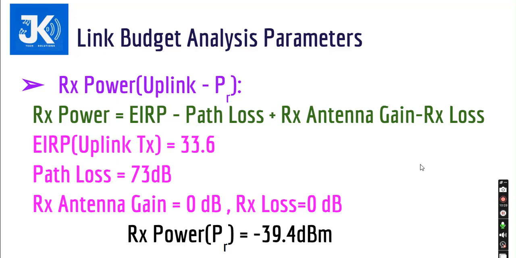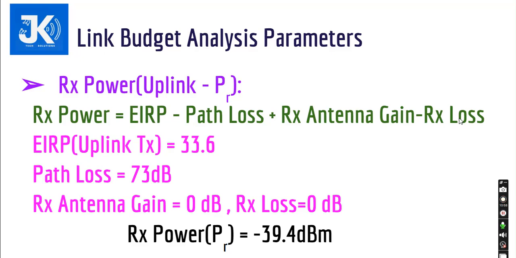Now we are calculating the receiving antenna power for both uplink and downlink. First we are going to calculate the receiving antenna power for uplink, which is denoted by PR. The RX power is equal to the effective isotropic radiated power, which is EIRP, minus path loss, as we already discussed about the path loss, plus RX antenna gain minus RX loss.